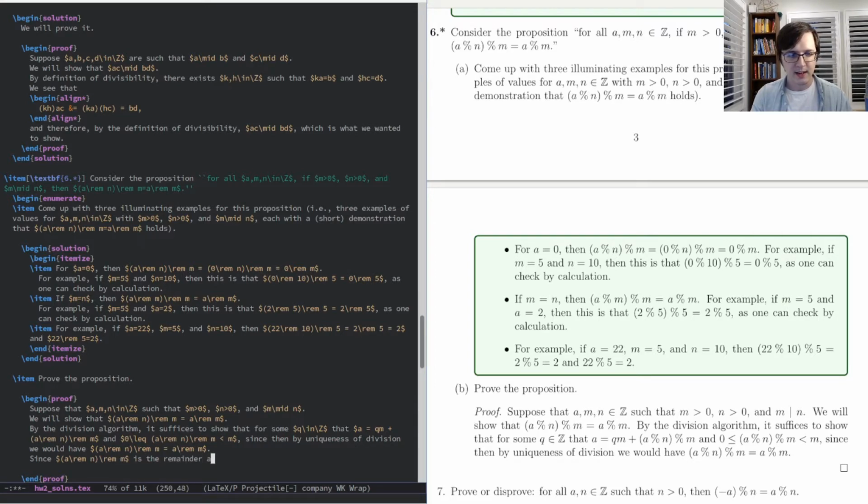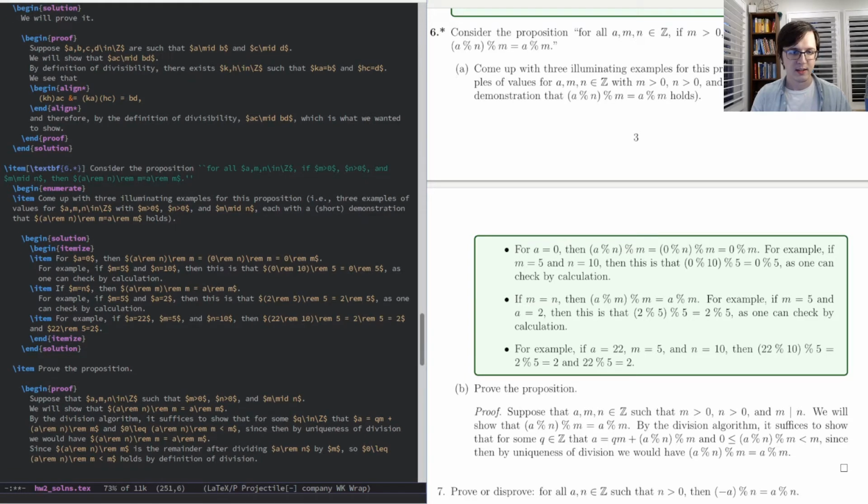It's the remainder after dividing a by n, or a remainder n by m. So this inequality holds. It holds by definition of division. Thus, it suffices to show, I'll just repeat this, the one part that we need.